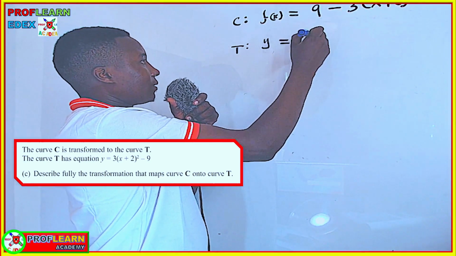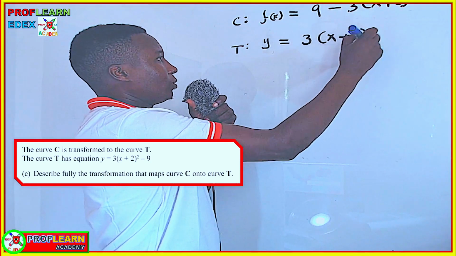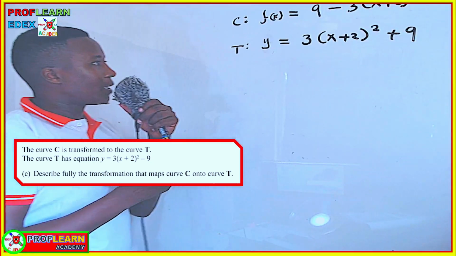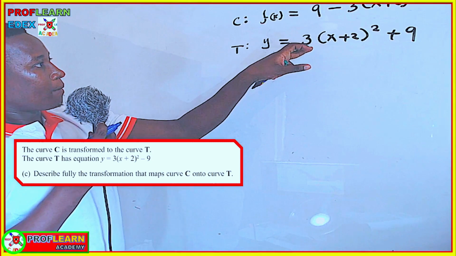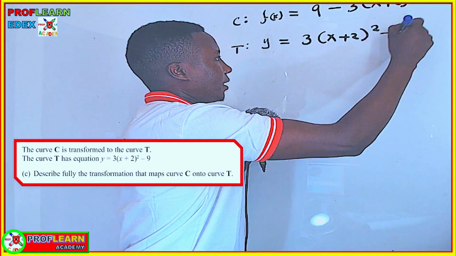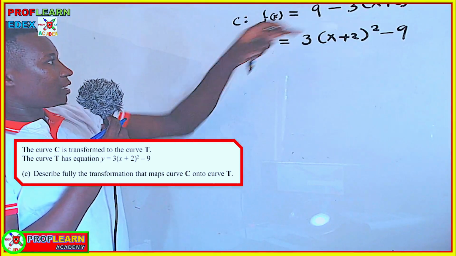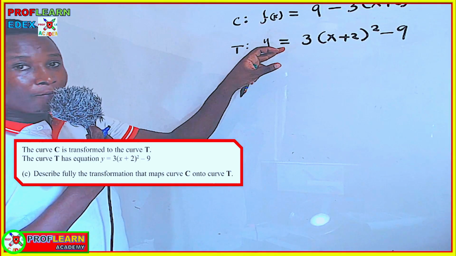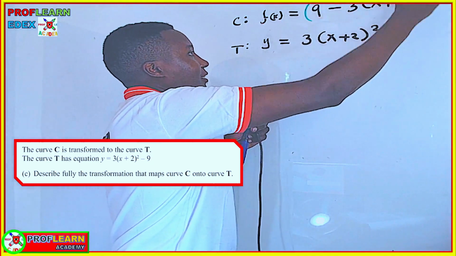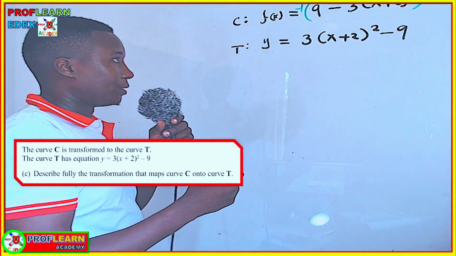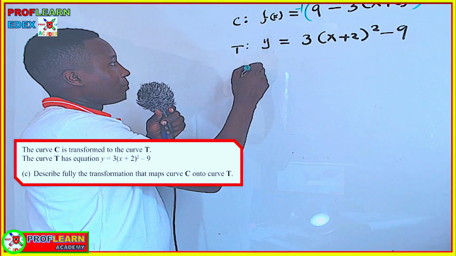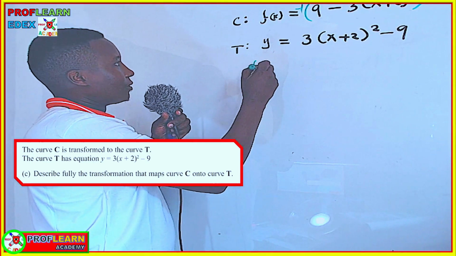y is 3 into (x plus 2) squared minus 9. So if I look at this keenly, for us to get this function here, it's like this one has been multiplied by -1, so that it can make this positive and make this negative.